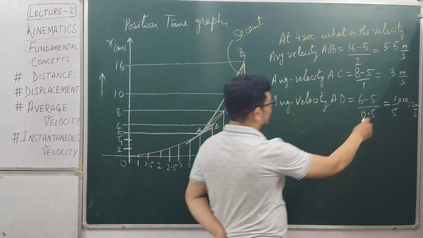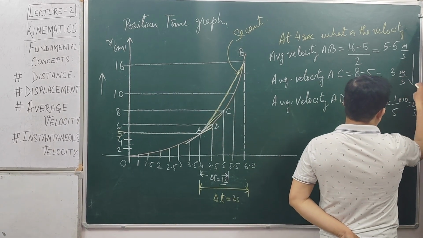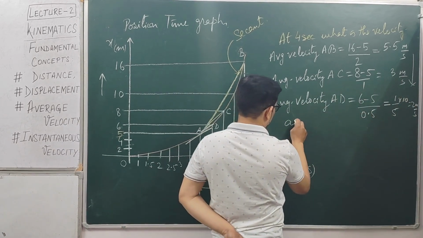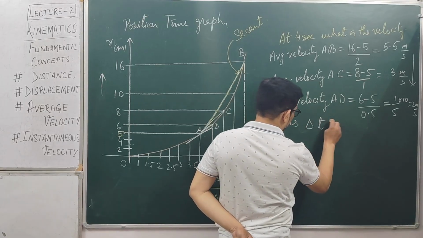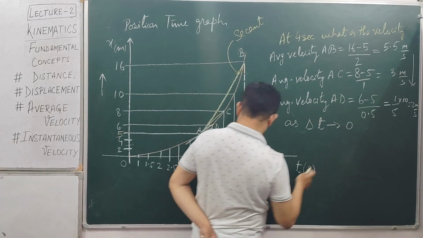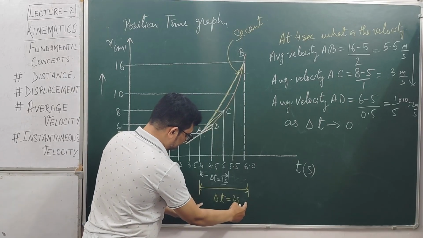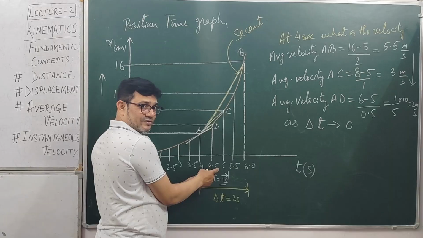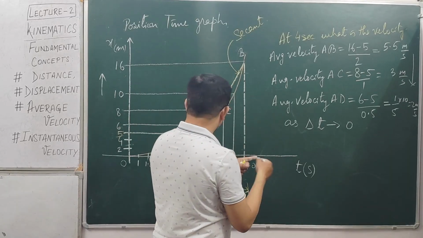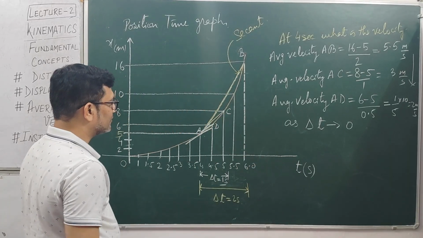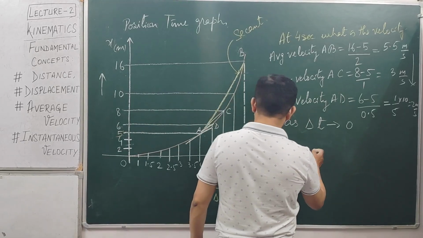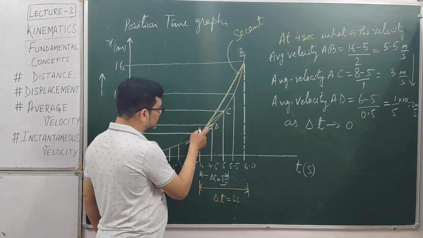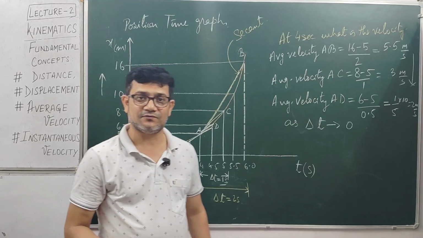So this pattern shows that as delta t approaches 0, it was initially 2 seconds, then we made it 1 second, now 0.5 seconds. If we shrink it, what exactly is it going to be as it approaches? That is how it is defined.